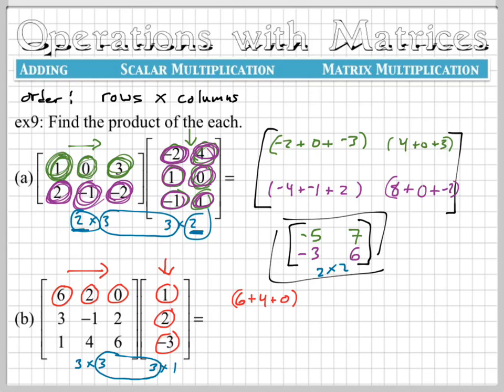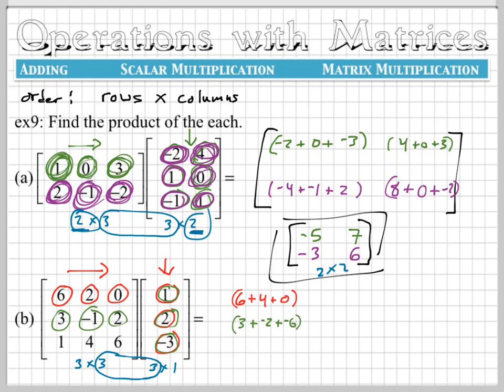Now we're going to go down, just like we did up here. We did this first number first, and then we did this number next. That's what we're going to do now. So now the next number is going to be 3 times 1, which is 3, plus -1 times 2, which is -2, plus 2 times -3, which is -6.